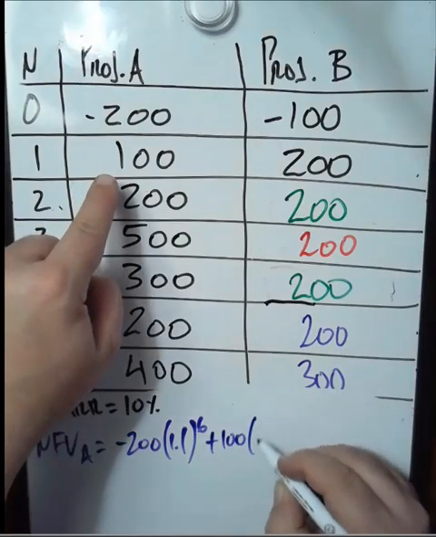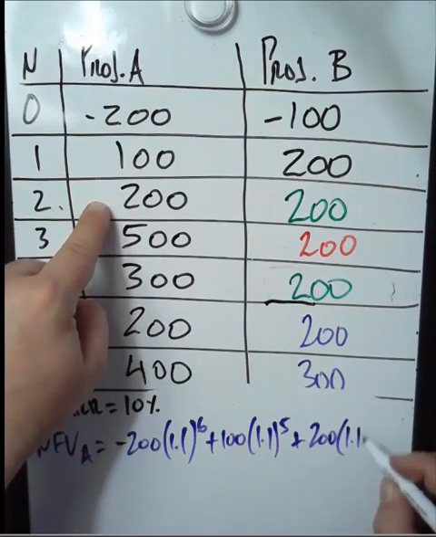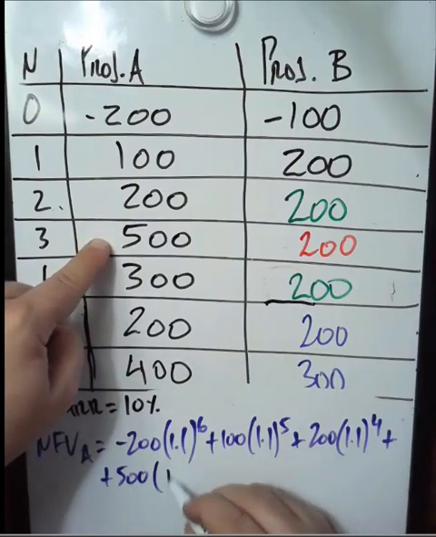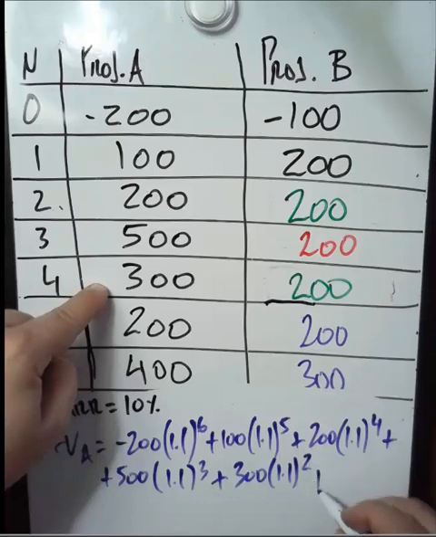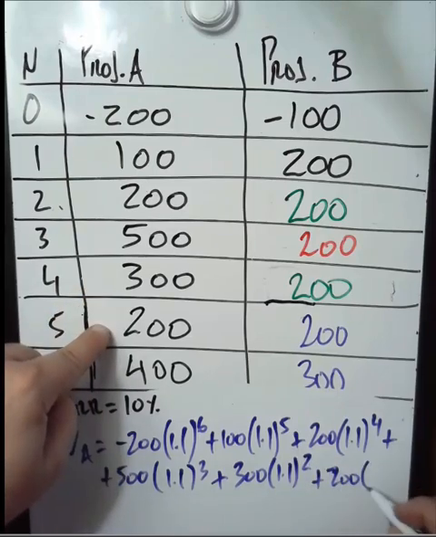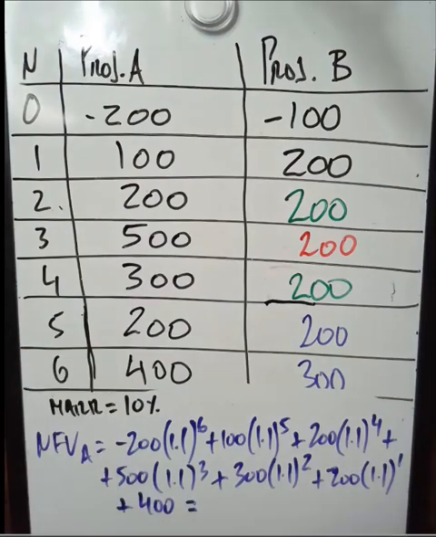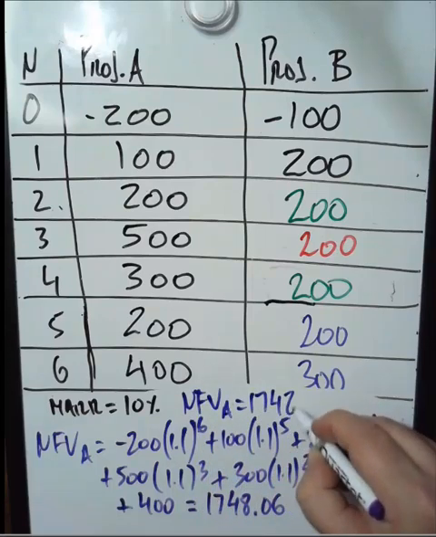Then the 100 pushed forward 5 years, then the 200 pushed forward 4 years, then the 500 pushed forward 3 years, then the 300 pushed forward 2 years, then the 200 pushed forward 1 year at 10%, and finally the 400. And this for project A would give you $1,748.06. So the net future value for A is 1748.06.